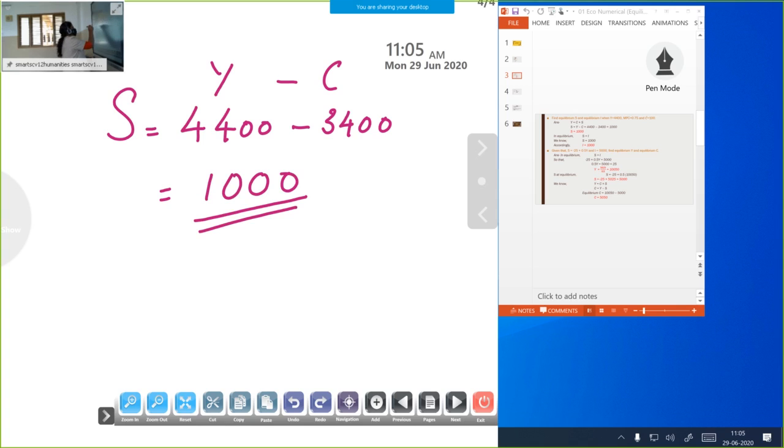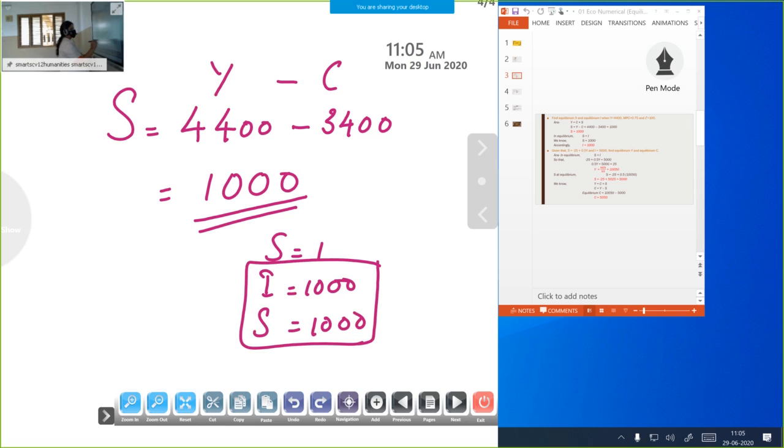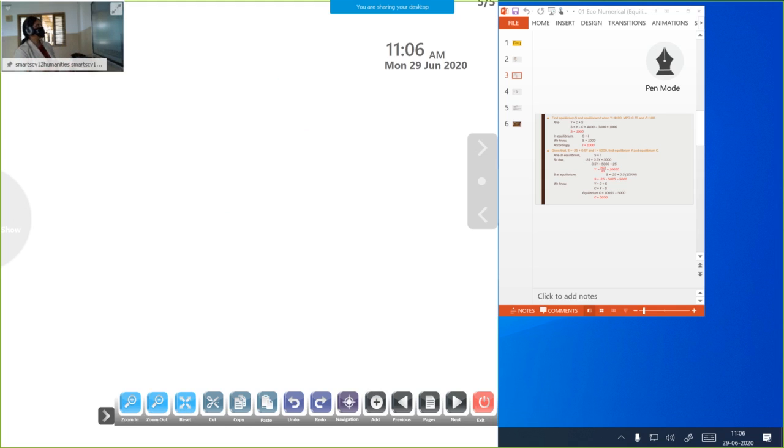If you are not getting time, directly you can write here S is equal to I, so I is also 1,000. Okay. Like this you can solve the sum. I think you understand. You just take the formula which is suitable for the question. Okay, that is very important. That you should know, then very easily you can solve.